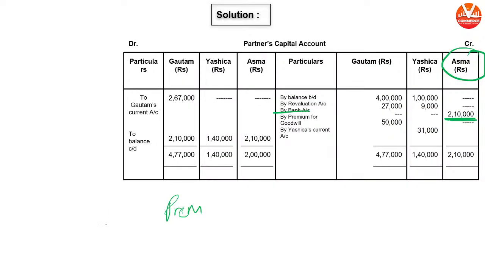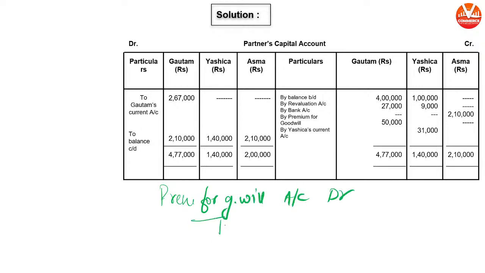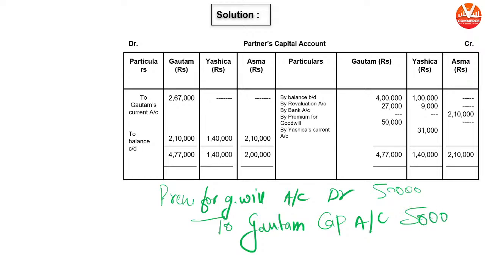So we passed the journal entry for goodwill, and the journal entry was premium for goodwill account debit to Gautam capital account. Goodwill was credited to the sacrificing partner's capital account. So premium for goodwill debit to Gautam capital account 50,000 and 50,000.